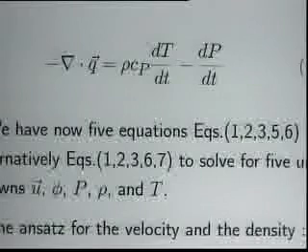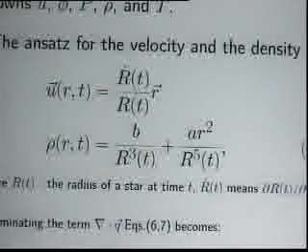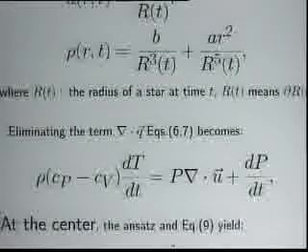To solve the equations, I'm suggesting the following ansatz for the velocity and the density. Here, R(t) is the radius of a star at time t, and the density is given by this. The constants A and B will be determined later. So I'm going to use this ansatz to solve those 5 equations. From equations 6 and 7, if I eliminate the divergence of heat current density, then I have equation 9.